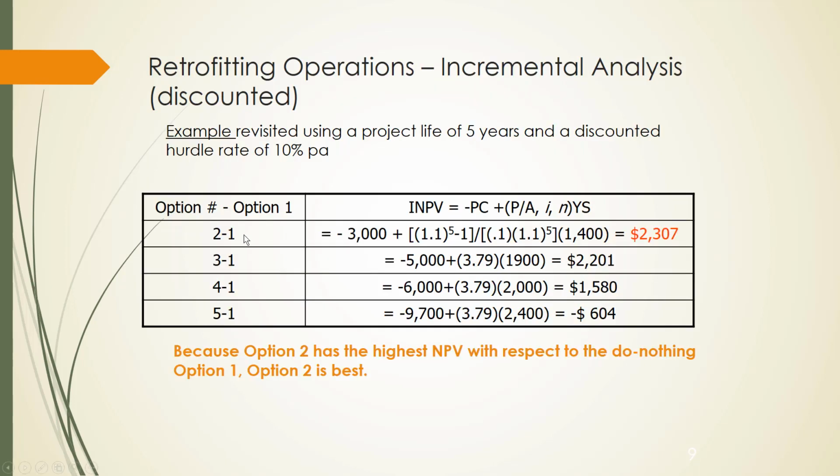Comparing option 2 to option 1, I need to use discounting at the 10% rate, and this incremental net present value in this case is 2,307. That's good, and in fact it's higher than any of my other options. When I look at this, I see that option 5 is negative, so that's not going to be a good choice. So option 2 is my best choice at this point in time.